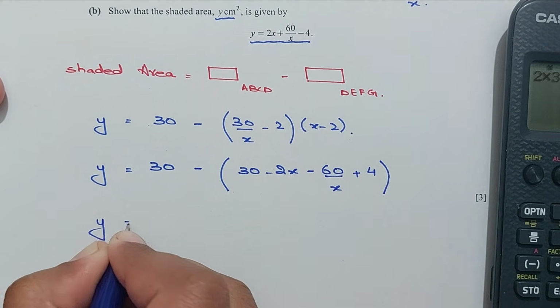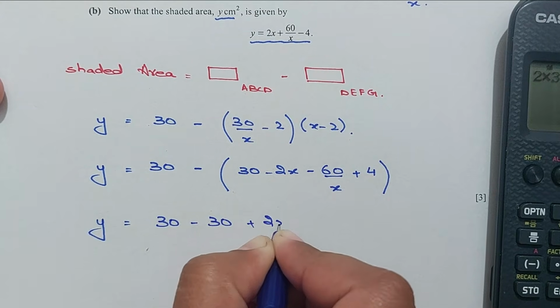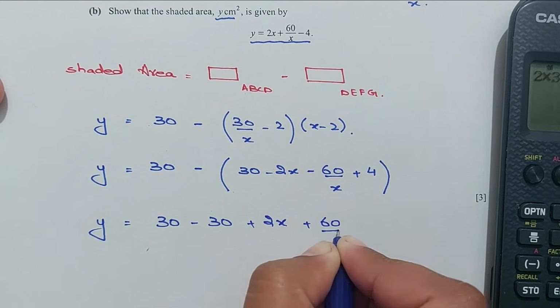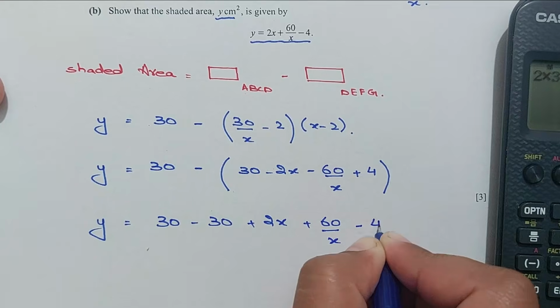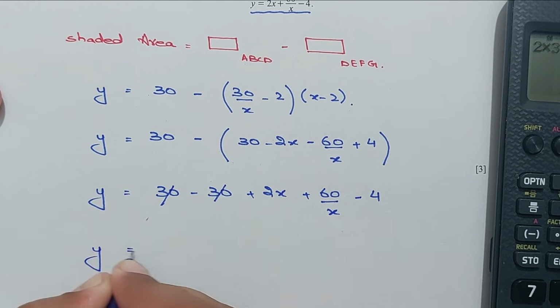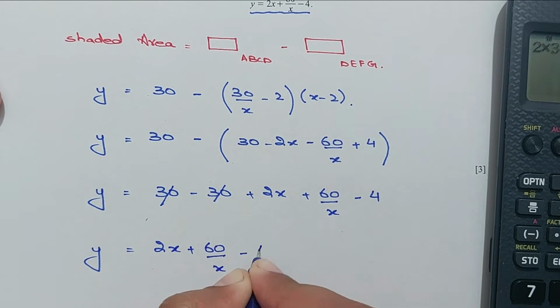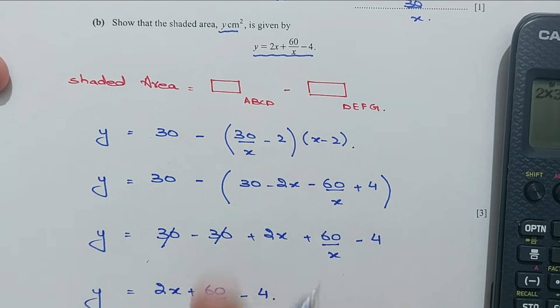Open this bracket. 30 minus 30 plus 2x plus 60 over x minus 4. So positive and negative 30s cancel out. We have y equals 2x plus 60 over x minus 4, and this is exactly the same.